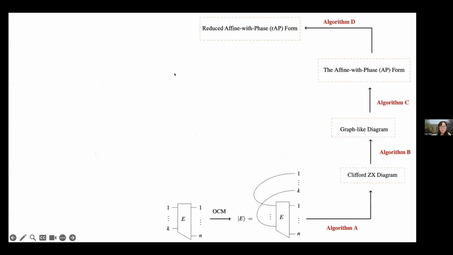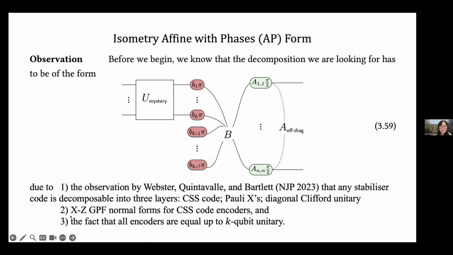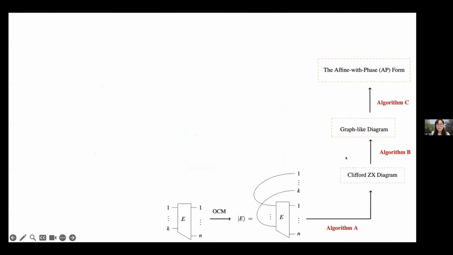We also know that for CSS code encoders, we have this XRC GPF, so that's how we chose something that looks like this. And then all encoders are equal up to a k-qubit unitary, so that's why we tacked on this. But this is just an observation of the kind of form we're looking for. How to get here is another question.